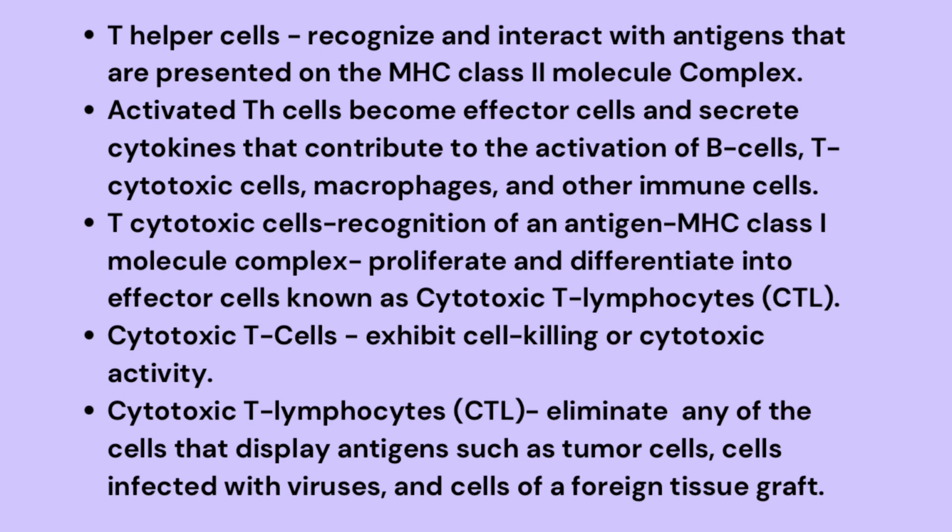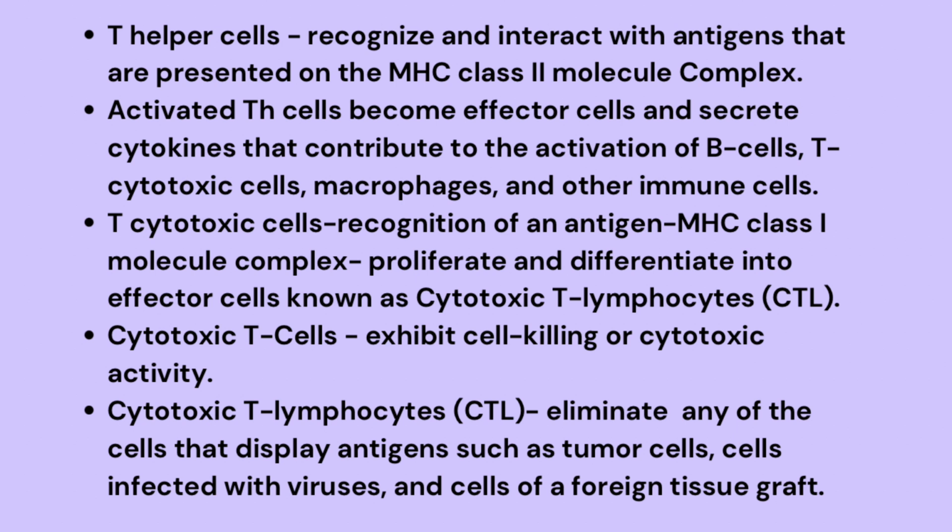Okay. Now T cytotoxic cells, they will recognize antigen that is bound to class 1 MHC molecule. So what we said about T helper cell is that they recognize antigen bound to class 2 MHC molecule, right? So T cytotoxic cell recognize antigen bound to class 1 MHC molecule, okay?